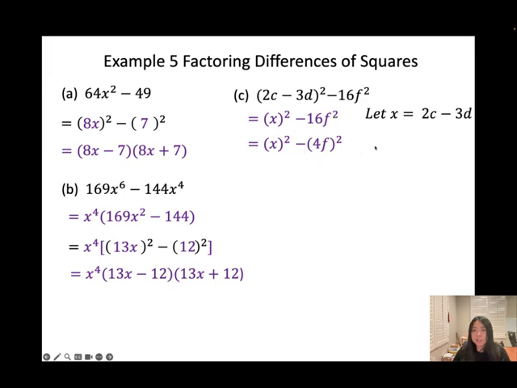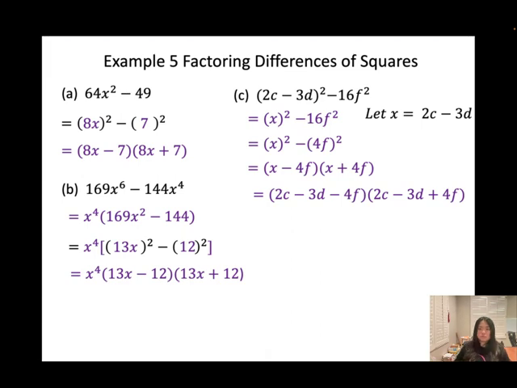Okay, 1 minus and 1 plus. Once you're done, you're going to put it back, x equal to 2c minus 3d here. And that's it. Okay, one more time. When you have a binomial, meaning two terms, with the square, you want to use this formula.